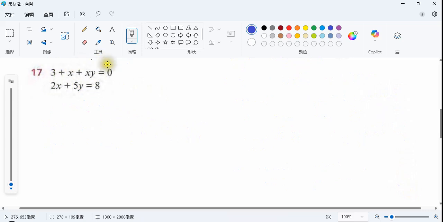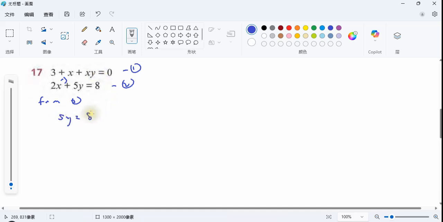question number 17. This is nonlinear and this is linear. We write the linear one as a new equation. So from equation 2, we take y because we substitute one time only if we choose y as the subject.